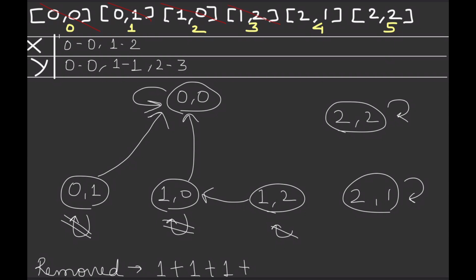Now we go on to stone number 2 comma 1. Is 2 there in x? It is not there. So I'm just going to put 2 as 4. Okay, now is 1 there in y? Yes, 1 is there in y, and it points to the stone with the index of 1, and the stone with index 1 is 0 comma 1.